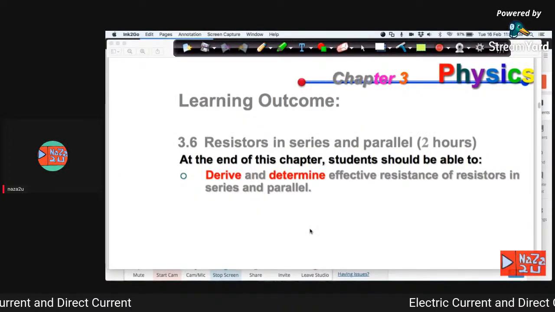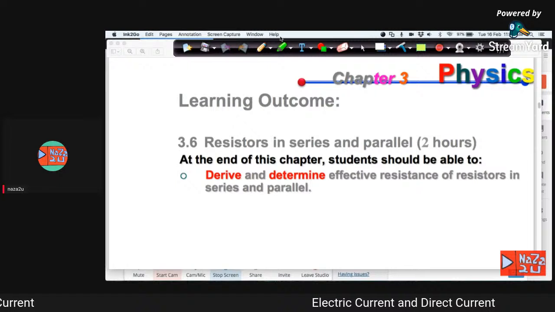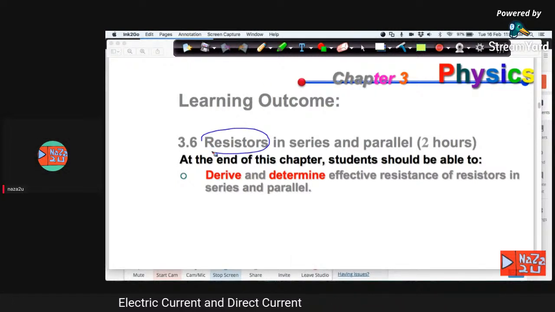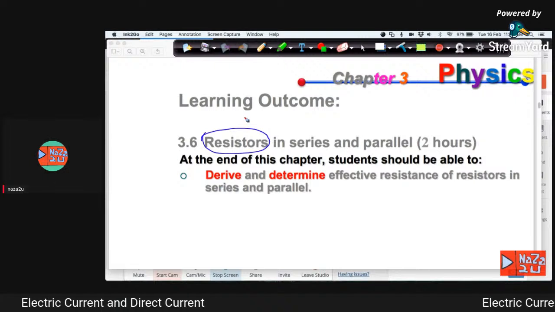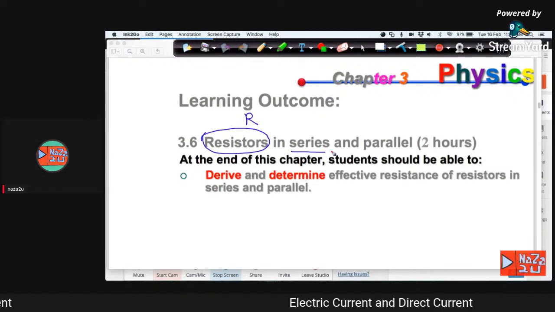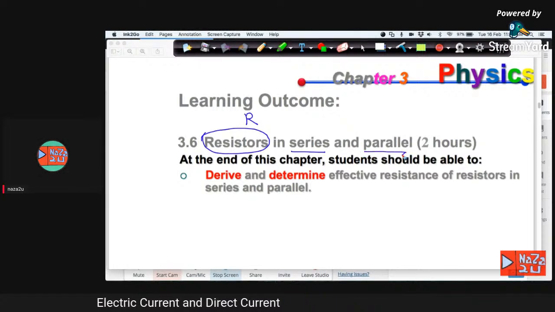Okay, so kita akan bincang mengenai resistor, resistor R, and set up resistor in series and parallel.